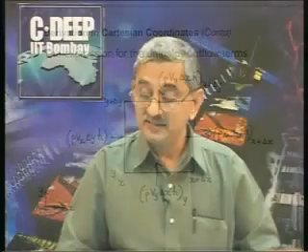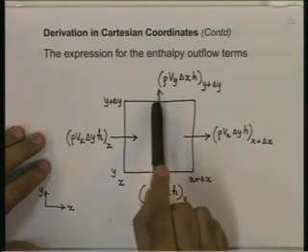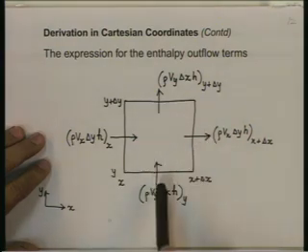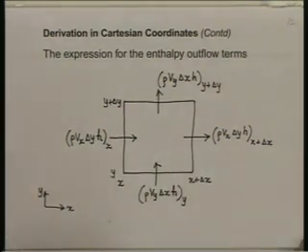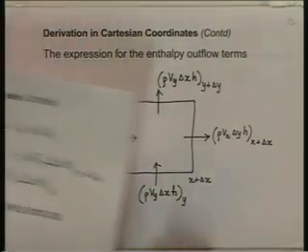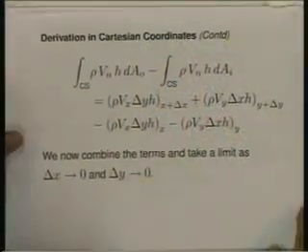We combine these four terms. Remember, what we want is enthalpy outflow. We have two outflows here and two inflows. So we will have two terms contributing additively and two terms contributing in a negative way. So this is what we get.